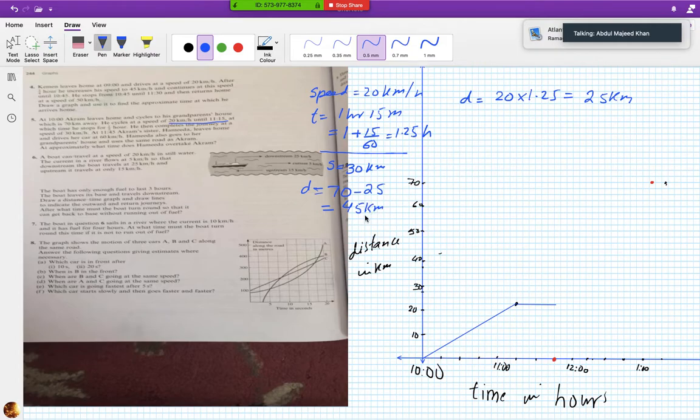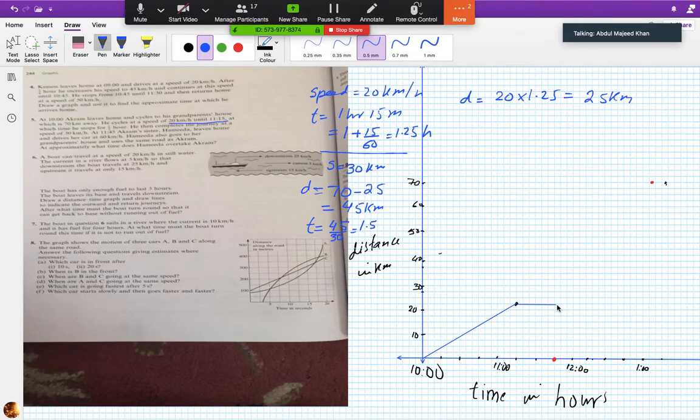Okay. Now in this case, we have to find the time at which he reaches his grandparents' home. So the time is distance over speed, so 45 over 30. So this will be 1.5 hours. Okay. Now you are at 11:45.